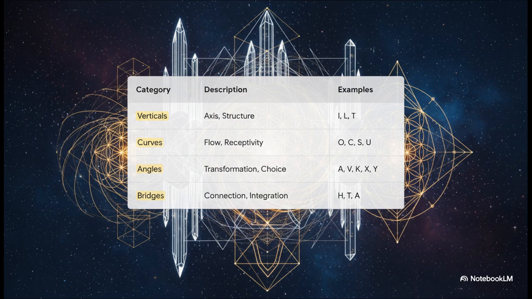You've got your verticals, like I, L, and T. They're all about structure and access. Then you have the curves, O, C, S, which are all about flow, organic movement. The angles, like A, V, K, X, these are dynamic, they represent transformation and choice. And finally, the bridges, H, T, A, which are pure diagrams of connection.